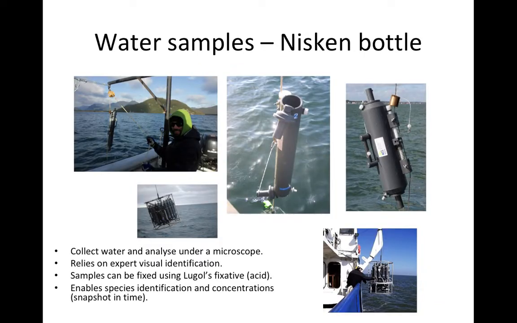So the next example is using a Niskin bottle. A Niskin bottle is a method of sampling a body of water. You can see various examples here. Essentially, it's a large plastic tube which is lowered into the water. You lower it to the depth that you're interested in, and then if it's a manual version, you can see this brown copper weight here on the wire where my cursor is.